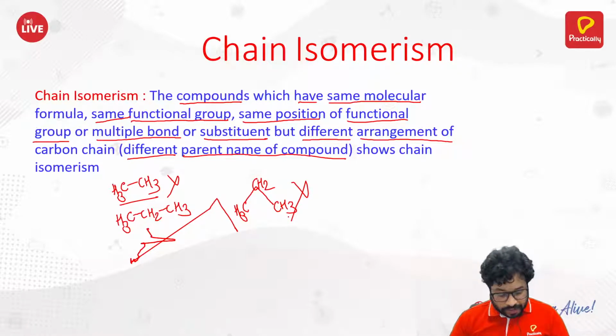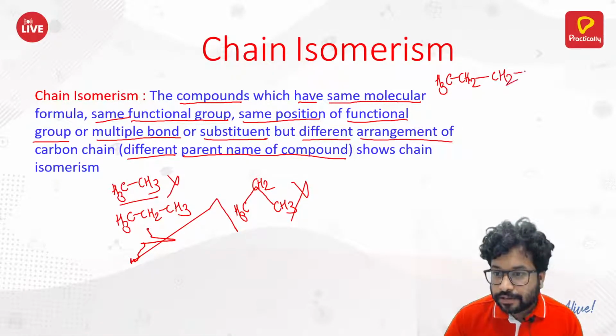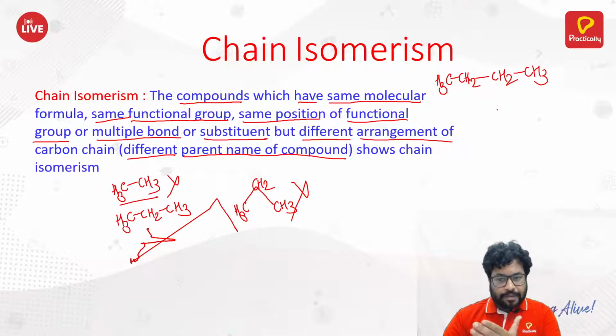Then which compound can show chain isomerism? Let's go to the fourth compound: CH3-CH2-CH2-CH3. Can we have any other arrangement apart from this?